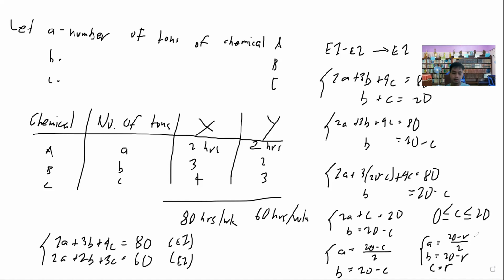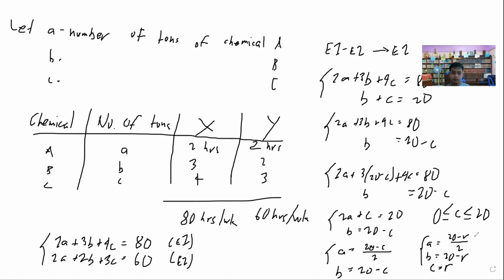Okay? So, ito yung solution set natin. So, madami tayong possible solutions. For example, if R is 10, then yung A natin ay 20 minus 10 is 10 divided by 2 is 5. Yung B natin ay 10, then yung C ay 10.